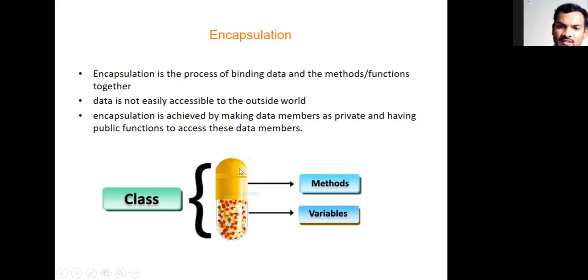Now a shield is protecting these two parts. That shield is nothing but the class, such that if you keep these variables and methods together within a class, nobody will have direct access to the variables and methods. This is called encapsulation.